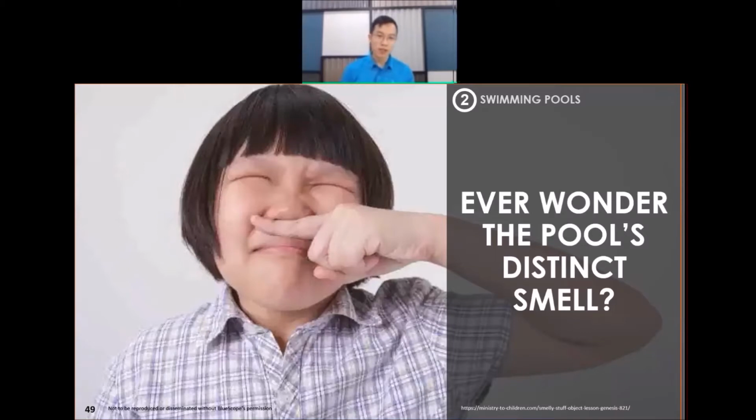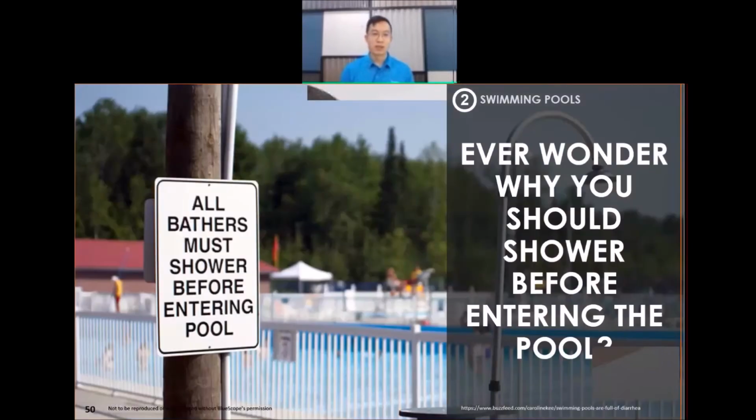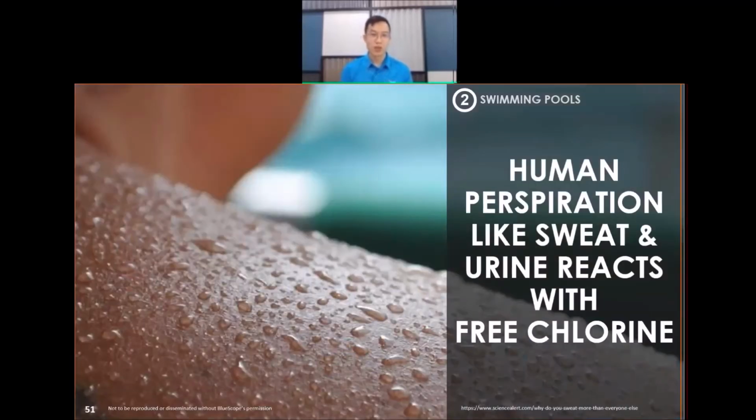For a swimming pool that has been cleaned, you might have noticed there is a distinct smell of pool. Have you ever wondered why you should shower before entering the pool? It's very important to shower to remove all the sweat, because sweat, or human perspiration like sweat or urine, can react with this free chlorine.